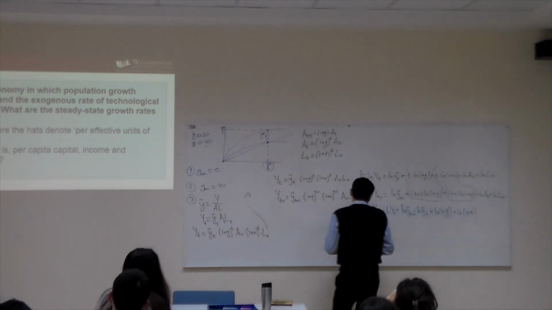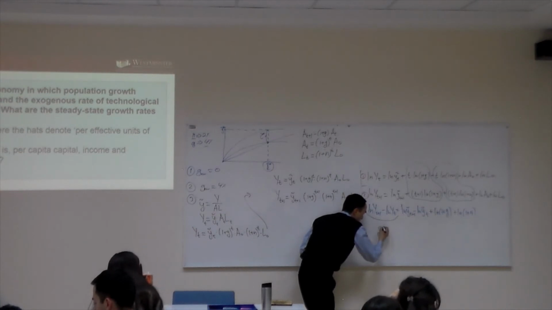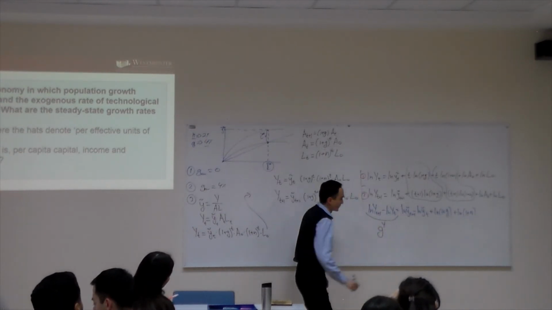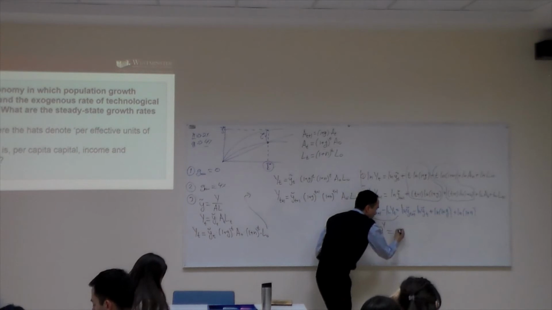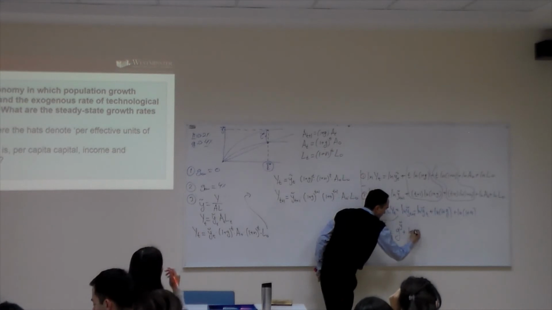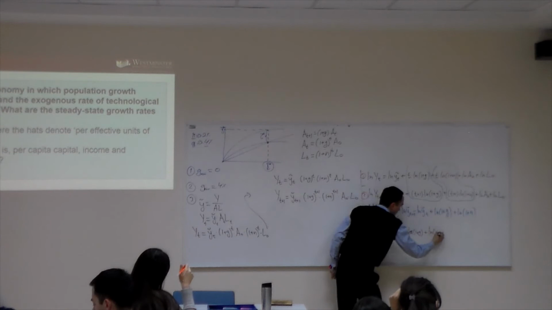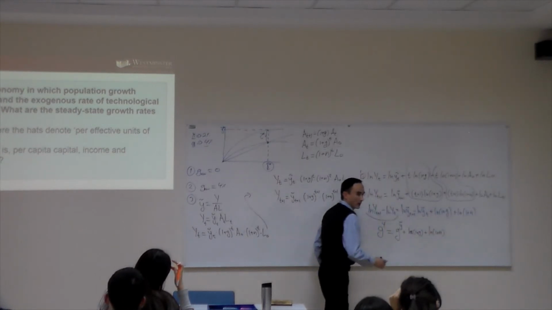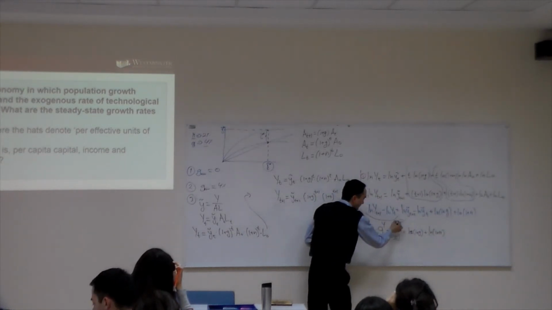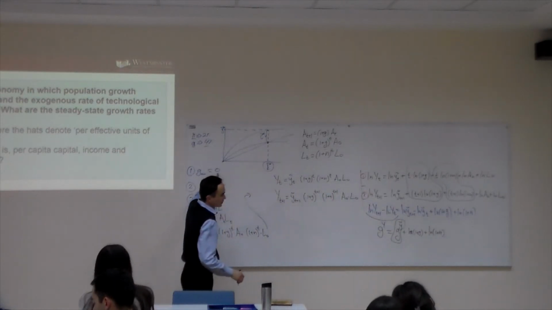So now we can write that the growth rate of output is equal to the growth rate of output per effective labor plus ln(1+g) plus ln(1+n). The growth rate in output per effective labor is equal to 0.